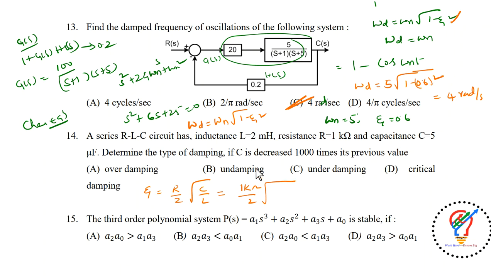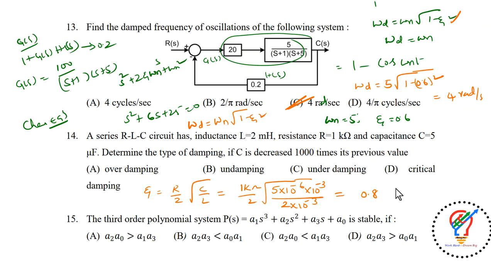C is 5 microfarads, so 5 into 10 power minus 6, decreased by 1000 times means 10 power minus 3, divided by L value, 2 into 10 power minus 3. Simplify this and you will get the answer as 0.8 here.